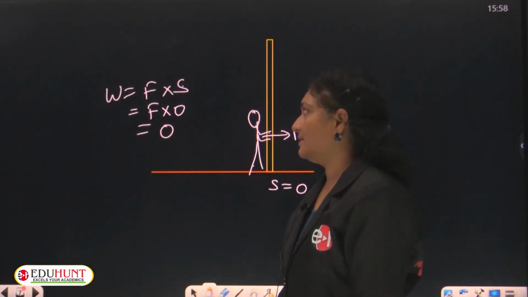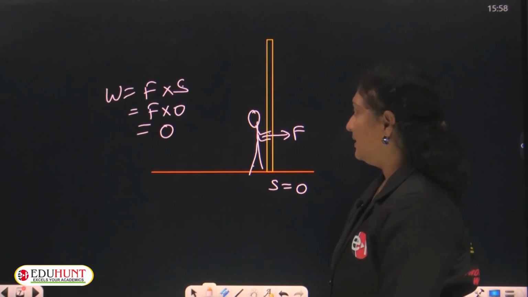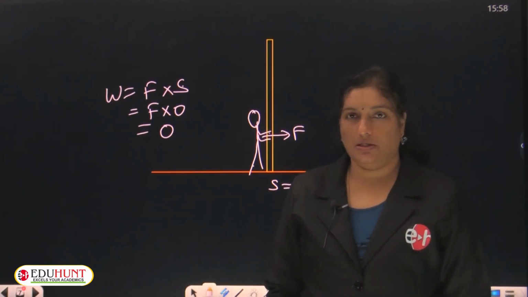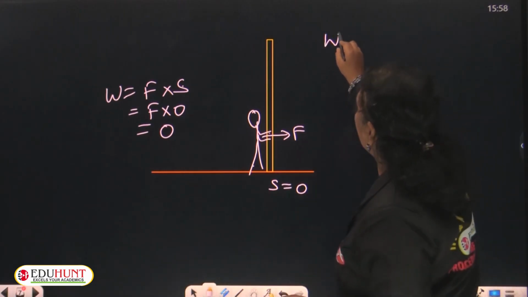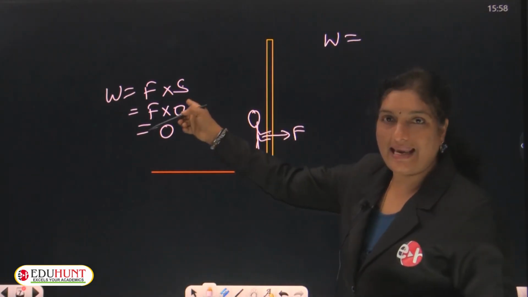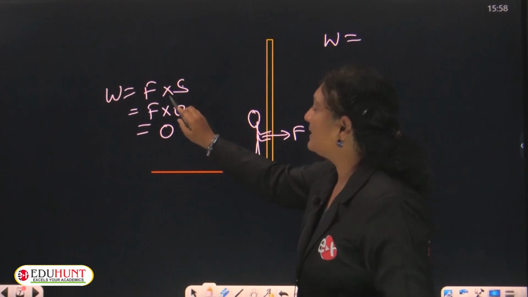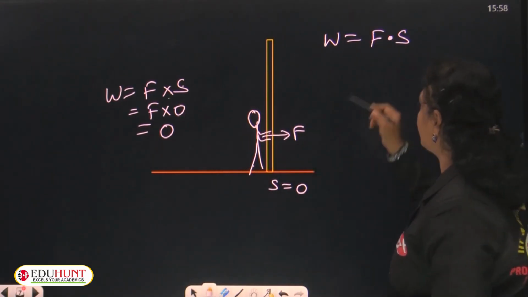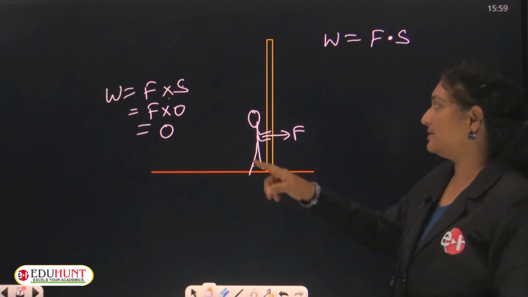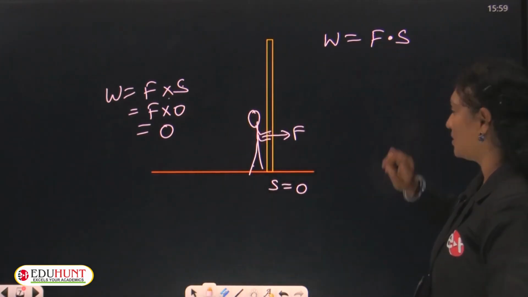Not only this, children, if you would like to talk about the proper definition or proper formula for work done, I told you it is a scalar product. So instead of this multiplication symbol, we actually write it as F dot S. This is cross and here it is dot.